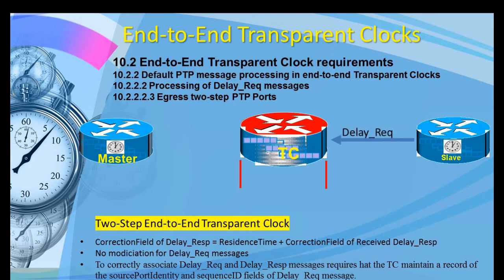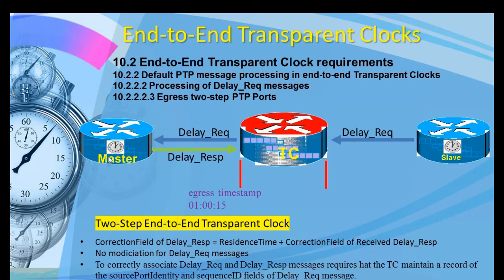So after receiving sync and follow-up from the master side, the slave side will send out a delay request message. For the two-step end-to-end transparent clock, the delay request message is not modified. However, its timestamps will be remembered on the transparent clock.